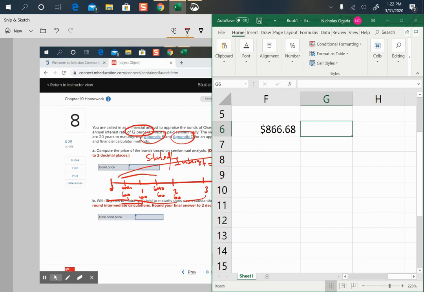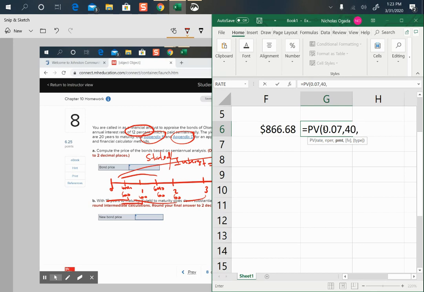So what you'll do is determine the present value of the annuity payments. Just to prove that 866 is the correct value, you have the present value of the annuity payments. Our rate here is 0.07, it's 7%, and the number of periods here is 40.